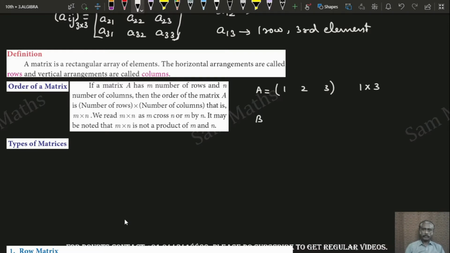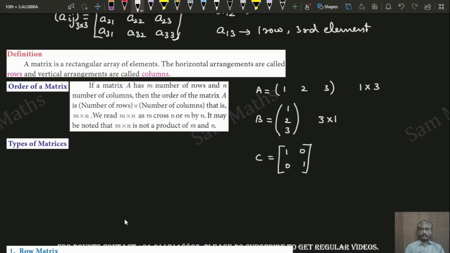The same thing, B is 1, 2, 3 written vertically. So here 3 rows and 1 column. C matrix is 1, 0, 0, 1. This is of order 2 by 2.